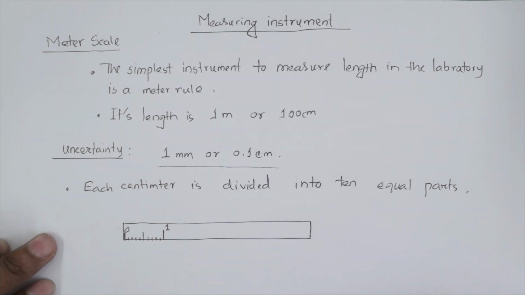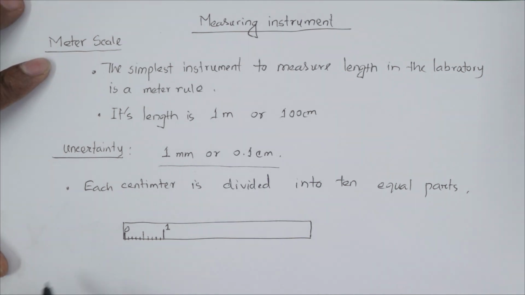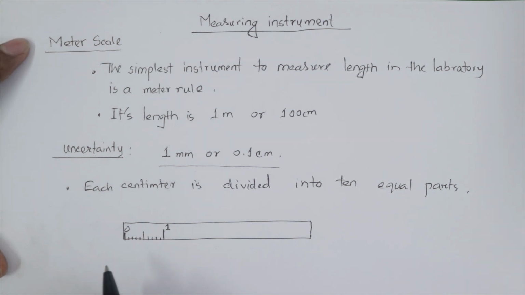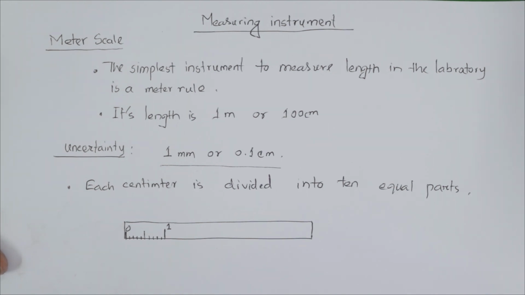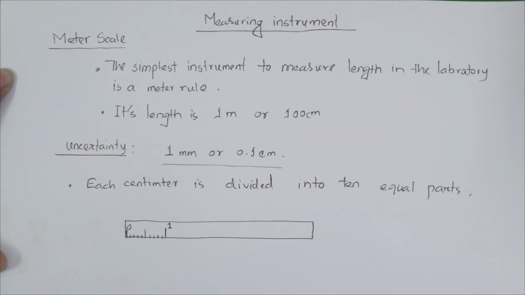How can we measure with a meter scale? To measure the length of a rod or a stick by a meter scale, one end is so placed that it coincides with the 0 mark, or another convenient mark of the scale.